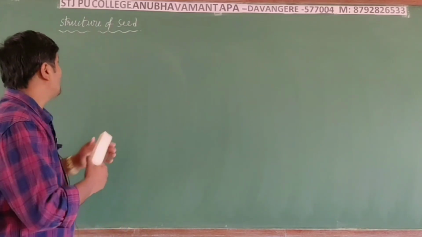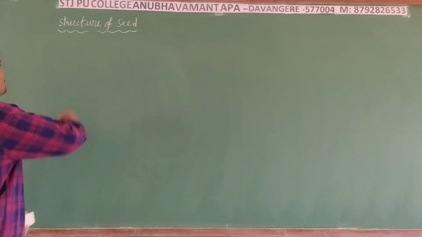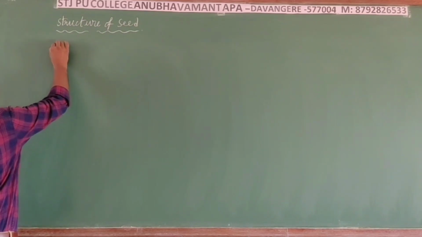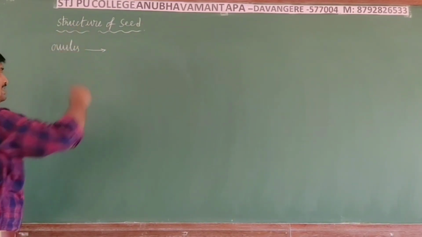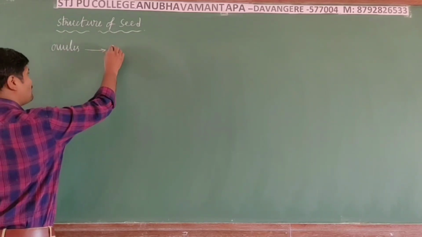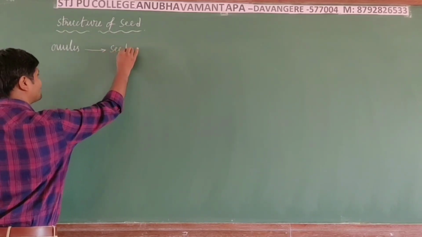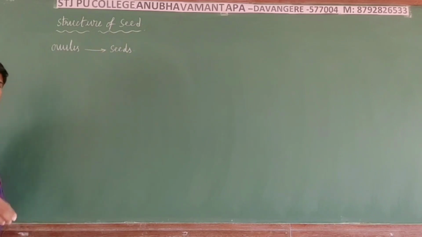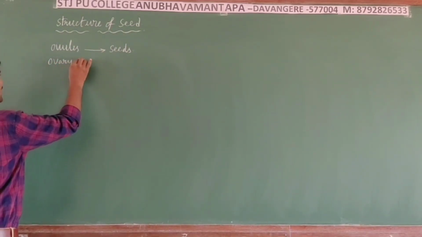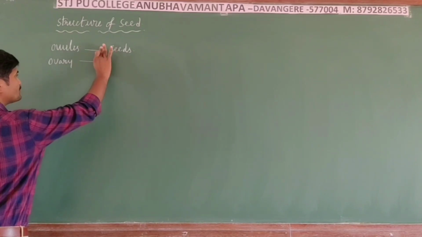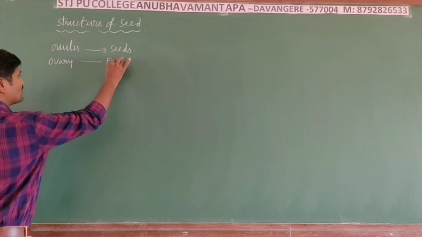So after fertilization, the ovules develop into the seeds. What about the ovary? The ovary develops into the fruit.